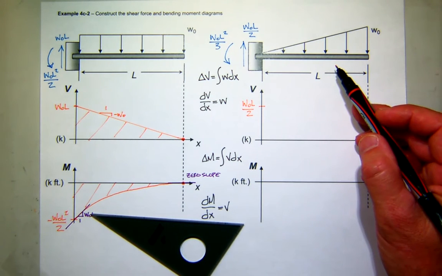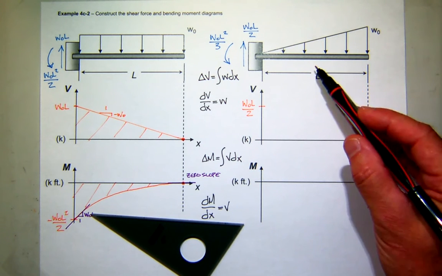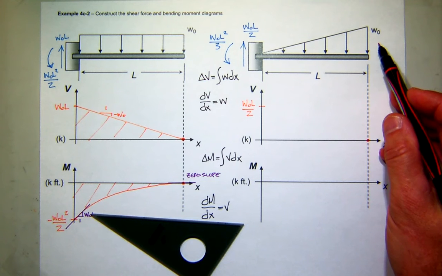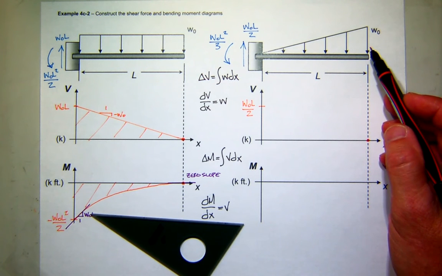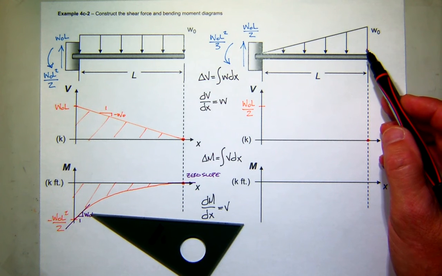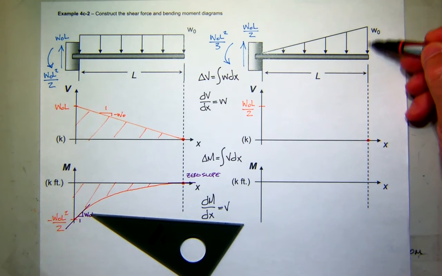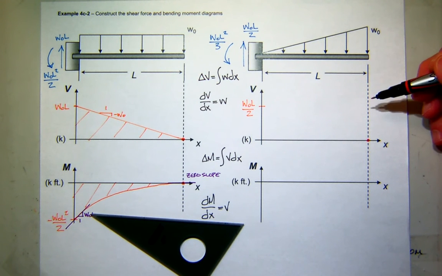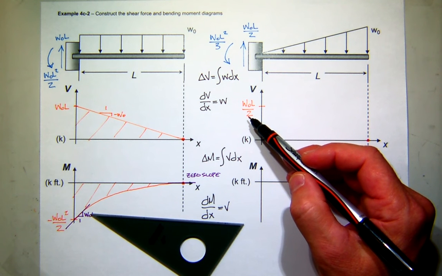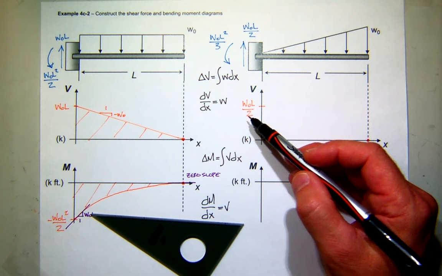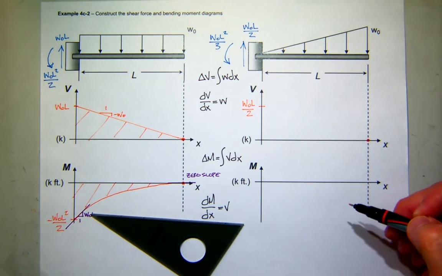It's a triangle, 1/2 base times height, so 1/2 L W naught. And that's positive or negative area? Negative, because the load is negative. So if you start at positive W naught L over 2 and subtract W naught L over 2, you get 0.